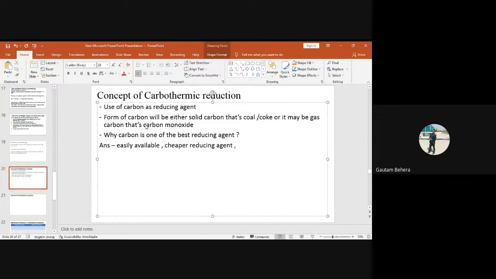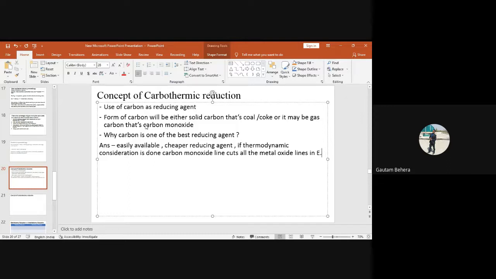So other answers are like, if thermodynamic consideration is done, carbon monoxide line cuts all the metal oxide lines in Ellingham diagram.